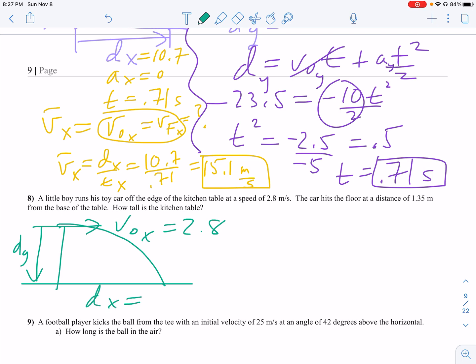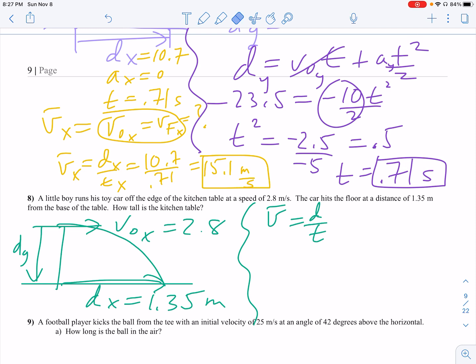DX is 1.35 meters. So I'm going to find time first using my x values because I got more of them. So V equals D over T.